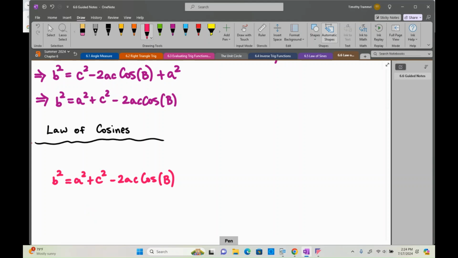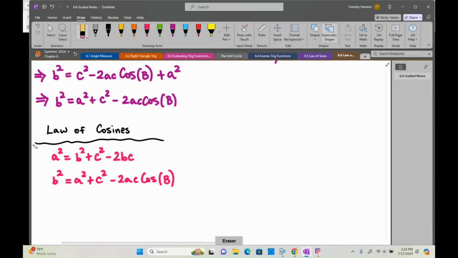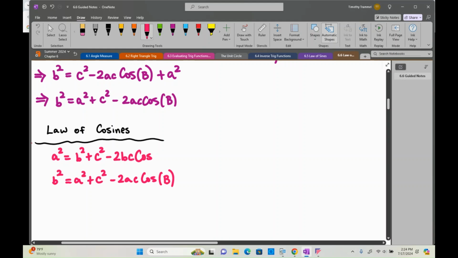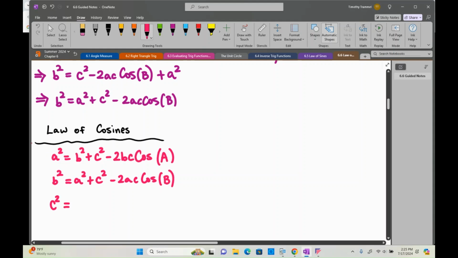And you'll use those two sides again here. And so I'm trying to point this out because now I'm going to go a squared equals the other two sides squared and added together minus 2 times those two sides. And then times cosine, which I'm going to try to write a little bigger so that this is clear. And then the angle should be the angle opposite of this side. So that's going to be big A. And then lastly, c squared is going to be equal to the other two sides squared and added together minus 2 times those two sides.